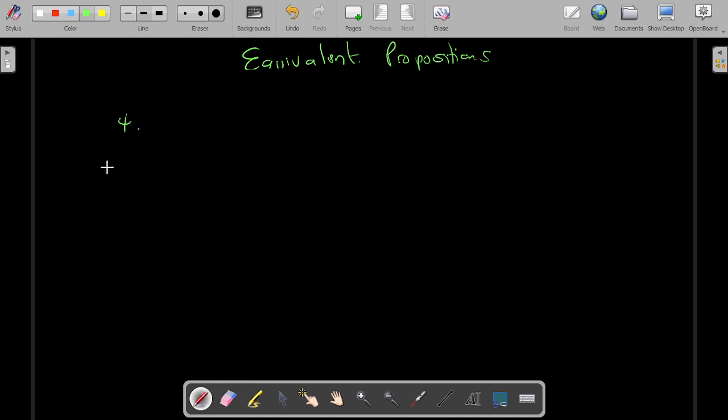Number 4, we have the property that P and (Q and R) is going to be equivalent to (P and Q) and R. What this means is that the order in which you compose any three given propositions does not matter.